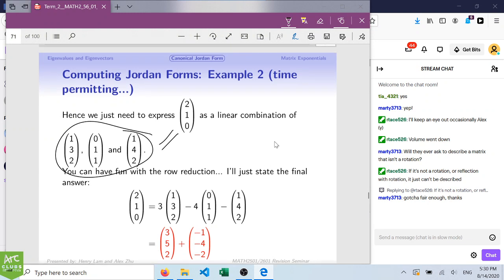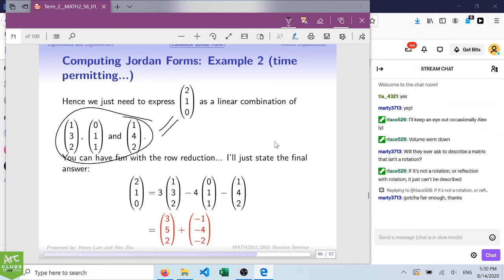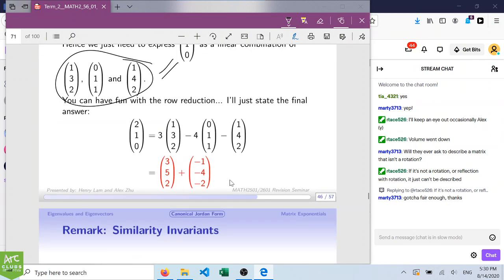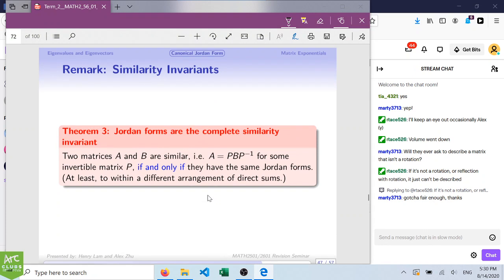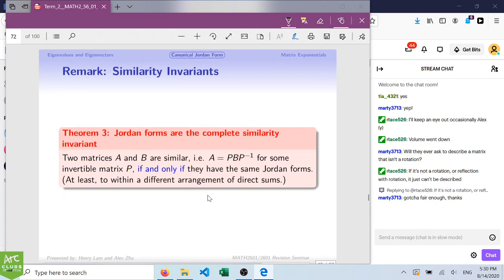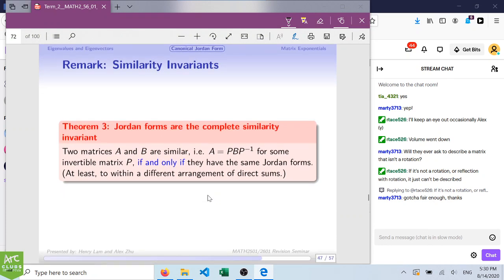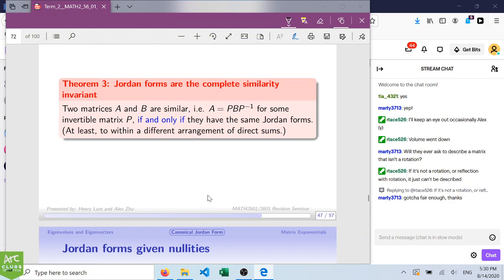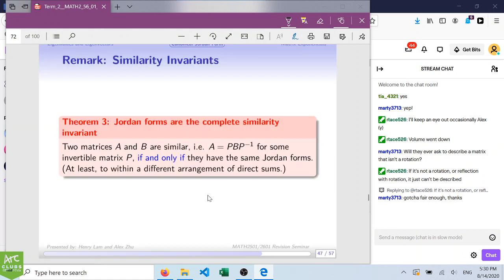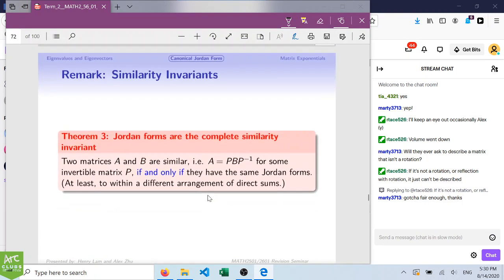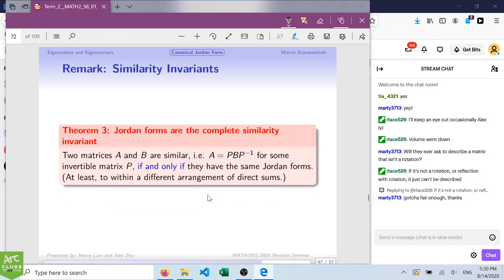Okay, in that case, I'll continue with the similarity invariance. If two matrices are similar with one another, they will have the same Jordan form. That's the main gist of why we use Jordan form: it's one of the key properties for determining whether two matrices have a similar property.